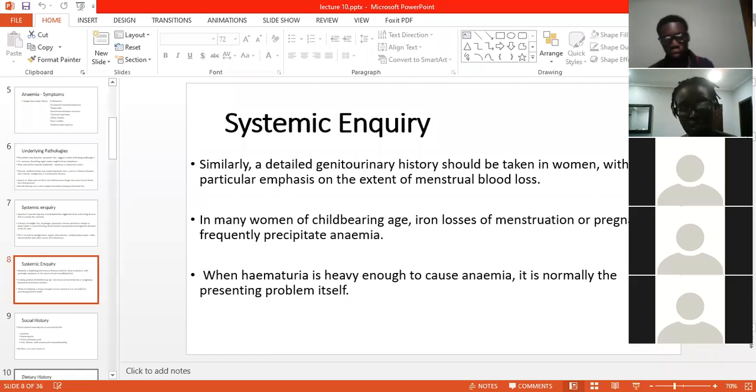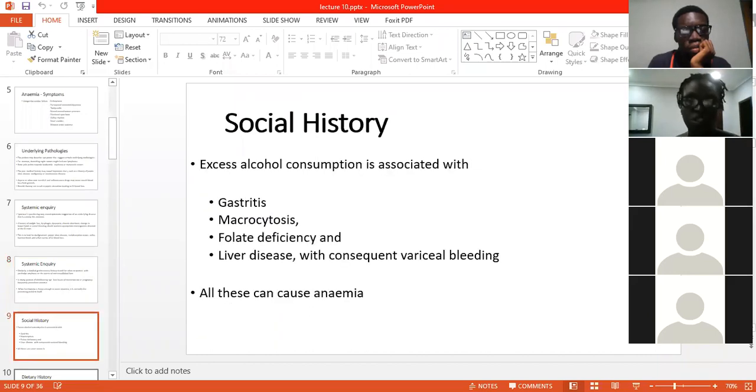Now, it's important to find out if there is hematuria. And usually when there is hematuria, which is heavy enough, it is usually the presenting complaint. Okay, so social history. We know that alcohol consumption is associated with gastritis, which will lead to bleeding from the stomach or a bleeding ulcer.